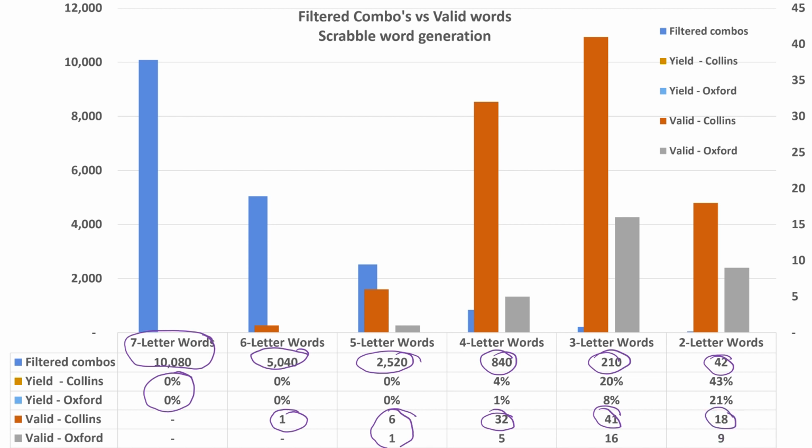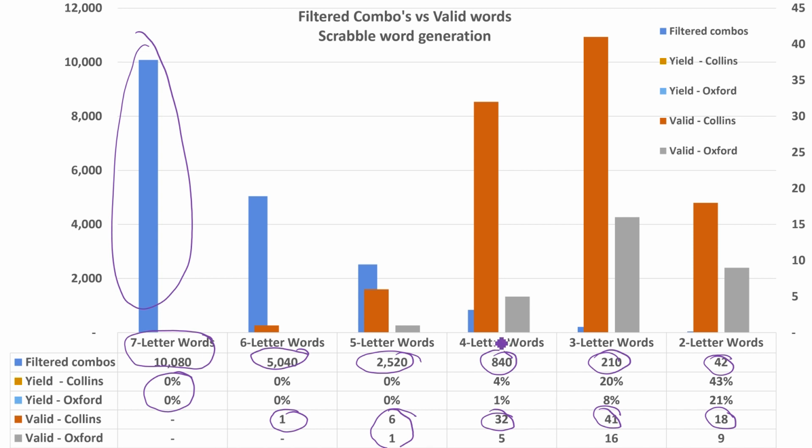Now, if you see the plot, this blue bar is the number of filtered combos, filtered for replacements, for duplicates, for blanks, for adjusting and adding conditions that allow for sampling without replacement.